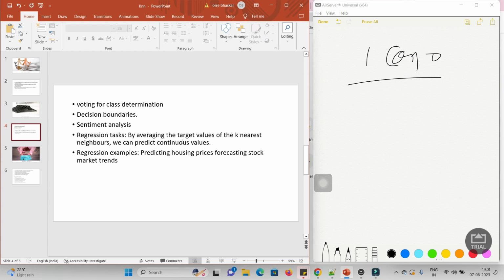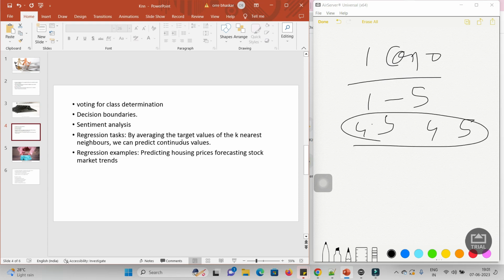In our example, what can be the regression output? It's like getting an average rating from your friends to predict how much you enjoy a movie. That means on a scale of 1 to 5, someone says 4.5, and someone says 4, and someone says 5. Take the average of it.